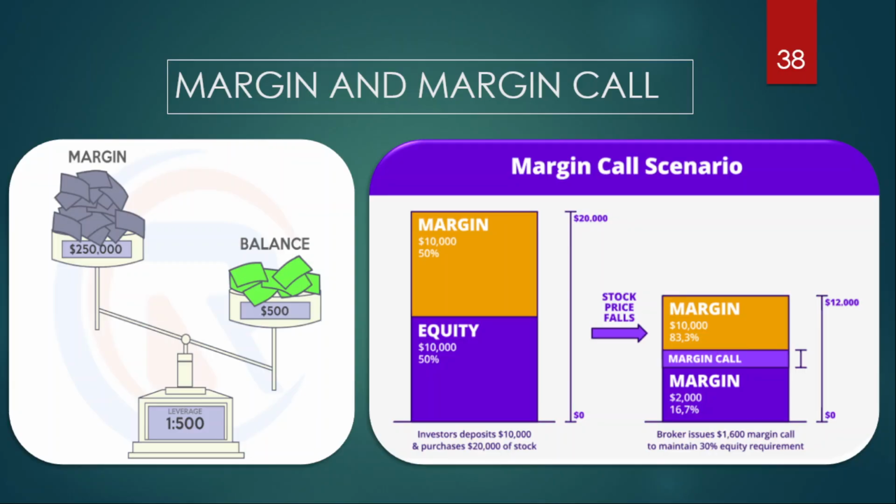Most of the brokers will give you a margin call, or a message that tells you that you have used all your margin or you are in margin trouble. You are at risk of losing all your capital.